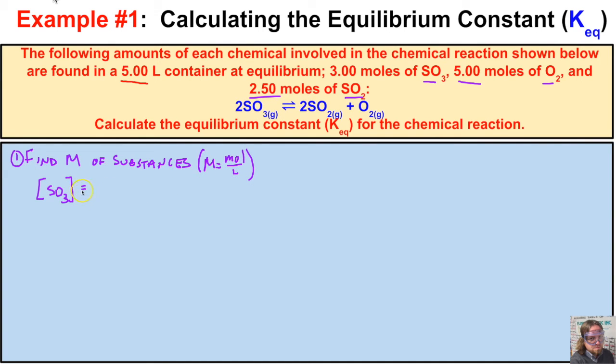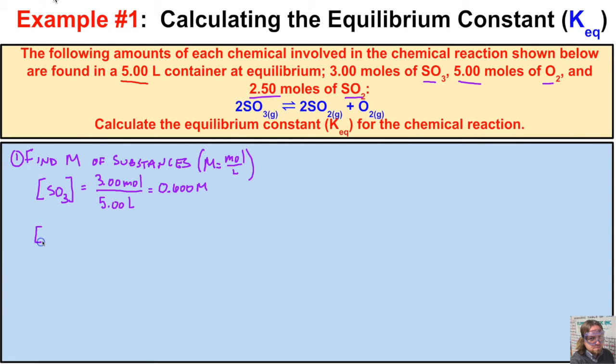So we're going to have to take the moles of SO3, which it tells us is 3.00 moles, and then we're going to have to divide this by the volume, or the liters of our container, which it says right here is 5.00. And when we put this in our calculator, we're going to end up with 0.600 molar as our concentration for SO3.